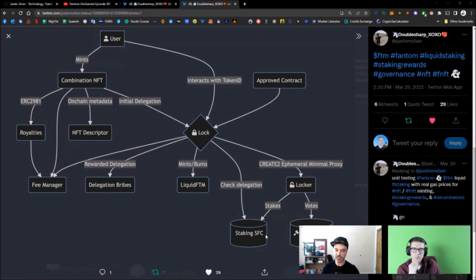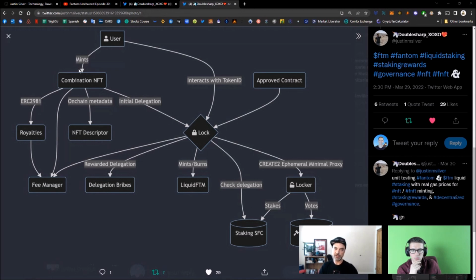And those are really all things that are non-fungible, because those are unique properties of that staking position. So we can take that staking position, turn it into an NFT, but then by using the token ID and create2 to create the same address to interact with the SFC, the rewards for that staking position are now tied to the NFT.